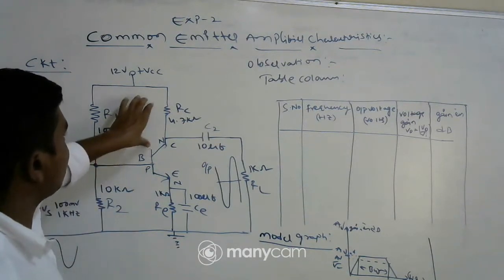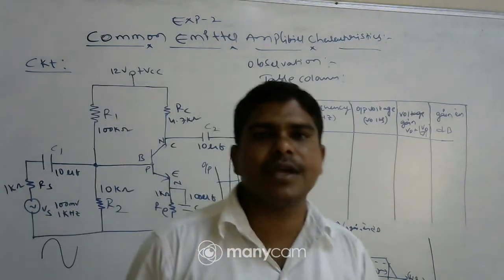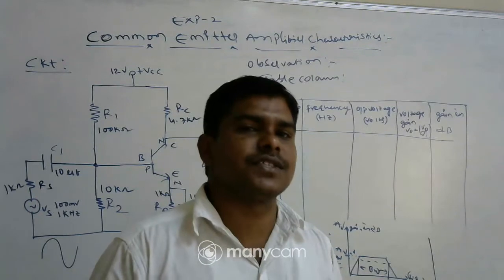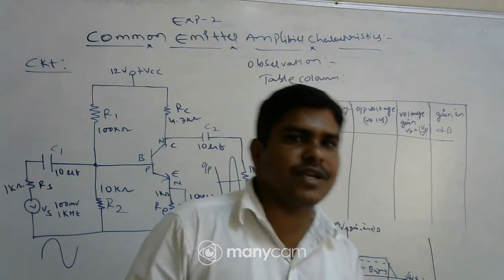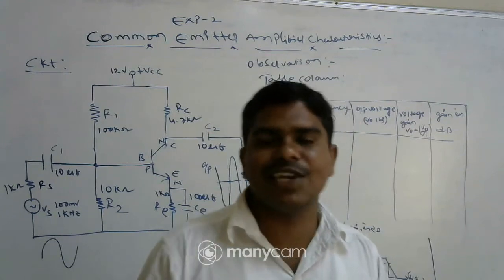So see the circuit diagram of the common emitter amplifier. This amplifier is designed in the common emitter configuration because it provides high voltage gain and current gain.